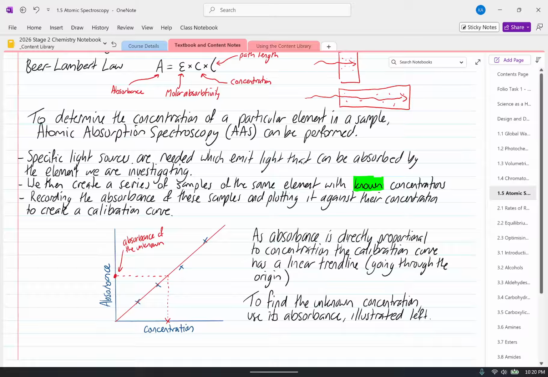Let's say it's too absorbent, you can dilute it by half to bring it down into this range. So let's say it was going to be way up here, and instead you dilute it by half and it ends up here. Then it's within our calibration range, and you can find out the concentration of that diluted sample, and then do some simple calculation to get back to your original.